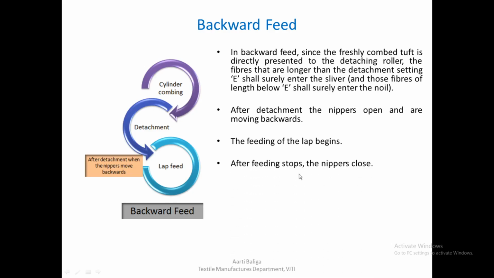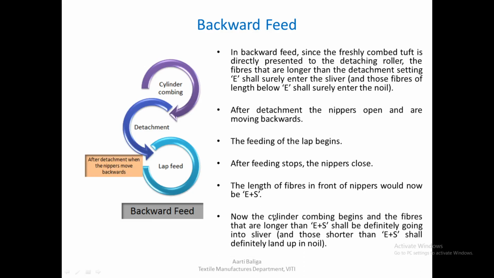After feeding stops, the nippers close, and after the nippers close again, the length of the fibers in front of the nippers would now be E plus S, because S is the length of feed that we have assumed. So whatever fibers are projecting out of the nipper grip would be of length E plus S. Now the cylinder combing begins, because after lap feed the cylinder combing begins.